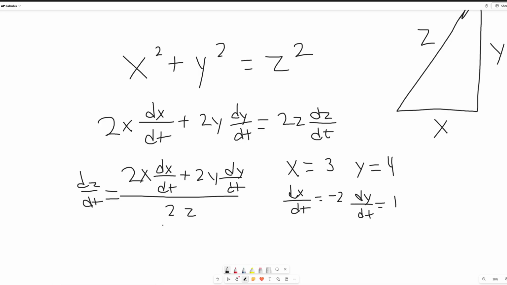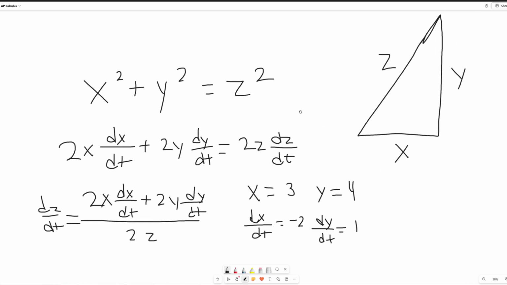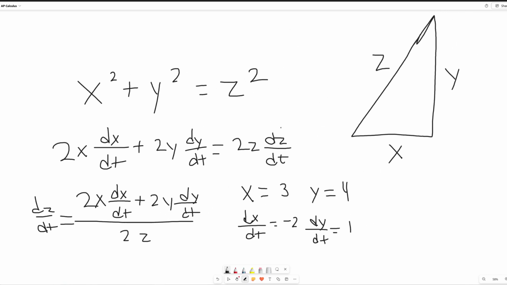Can we plug in our variables just yet? Almost, but we don't have z. So is this problem unsolvable? No. We have to remember that we have a Pythagorean theorem, and that if x is 3 and y is 4, then you can solve for z, and that's a 3, 4, 5 triangle, and then z ends up being 5.